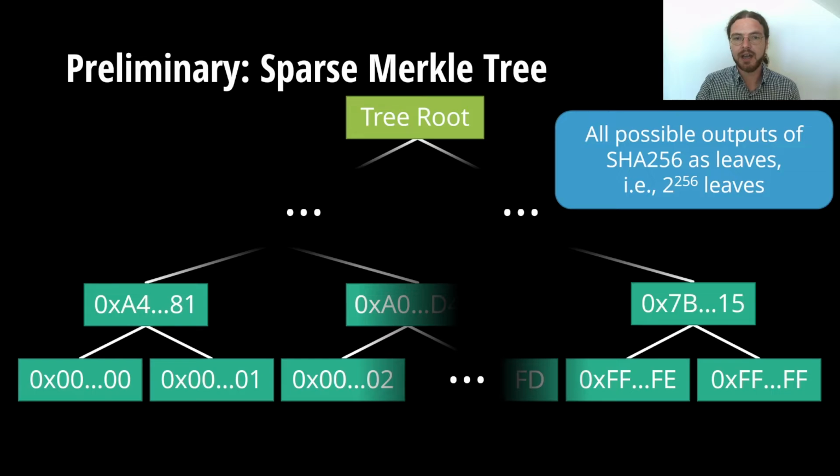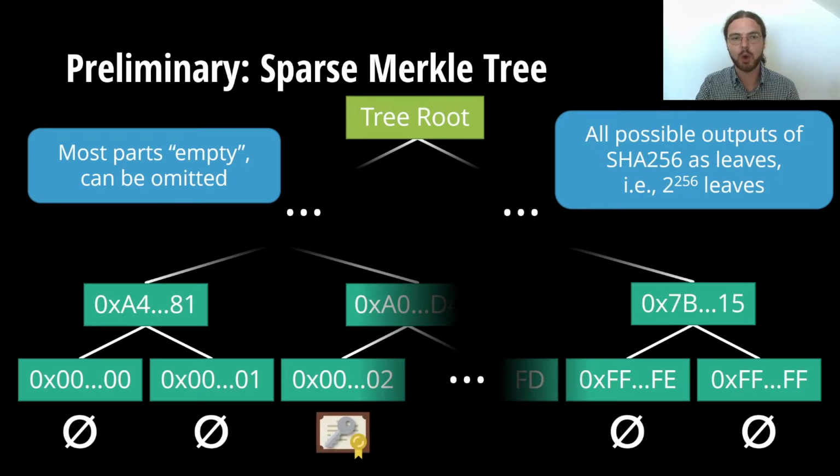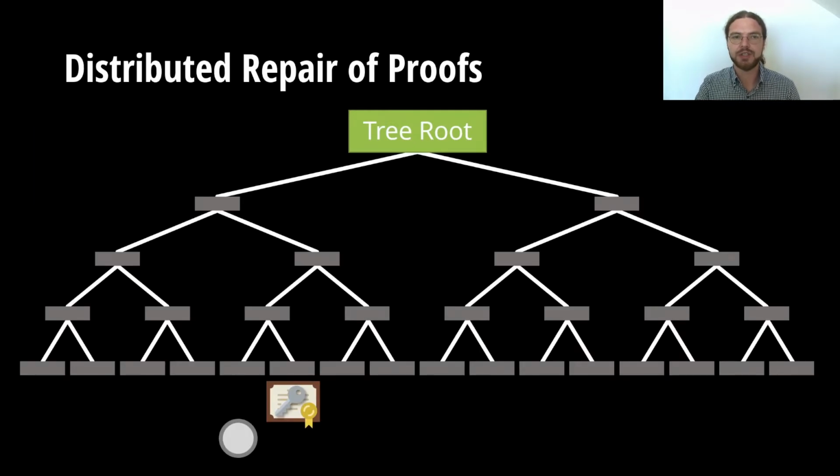And as you can see, this gets quite big. So the idea here is that most parts of this tree will be empty. And empty parts can be identified and omitted, both in the tree representation as well as in the proofs of inclusion. So we leverage this for our distributed repair of proofs.